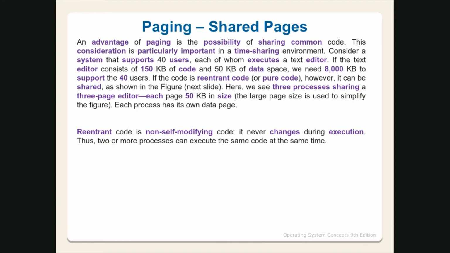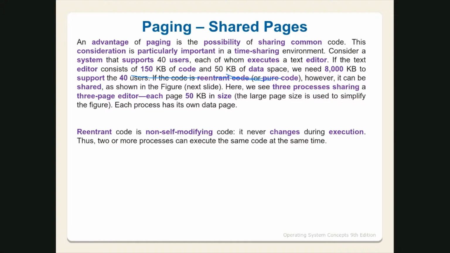Let's assume a computer system supports 40 users and each of them is executing a text editor, like a Word document. They are using Microsoft Word, for example. Let's assume the text editor is 150 KB, and the data space, for the document or a letter, is 50 KB.